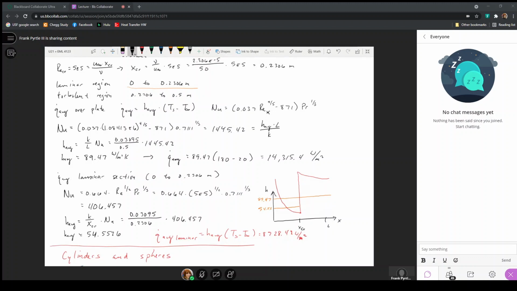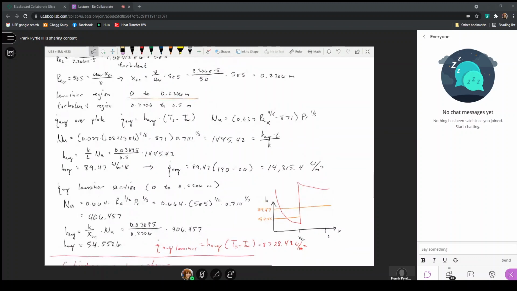So, on this plot is an expression of the average heat transfer coefficient in the laminar region, drawn in this orange line here, and the average heat transfer coefficient that was calculated over the entire plate, which is 89.47.